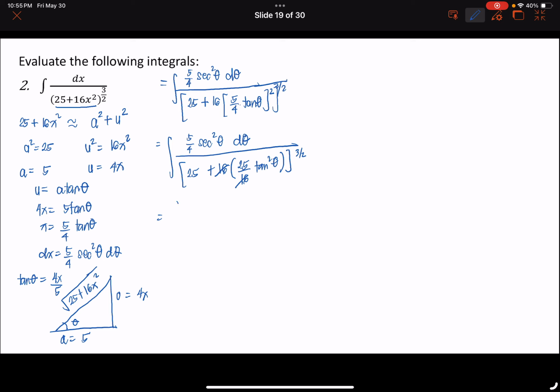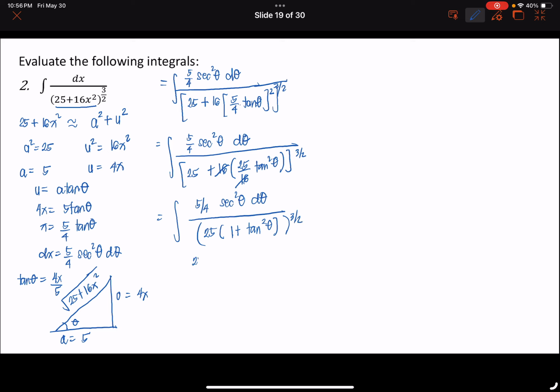So this is the integral of 5 over 4 secant squared theta d theta, all over 25 can be factored out, and we have 1 plus tangent squared theta. We raise this to 3 over 2.